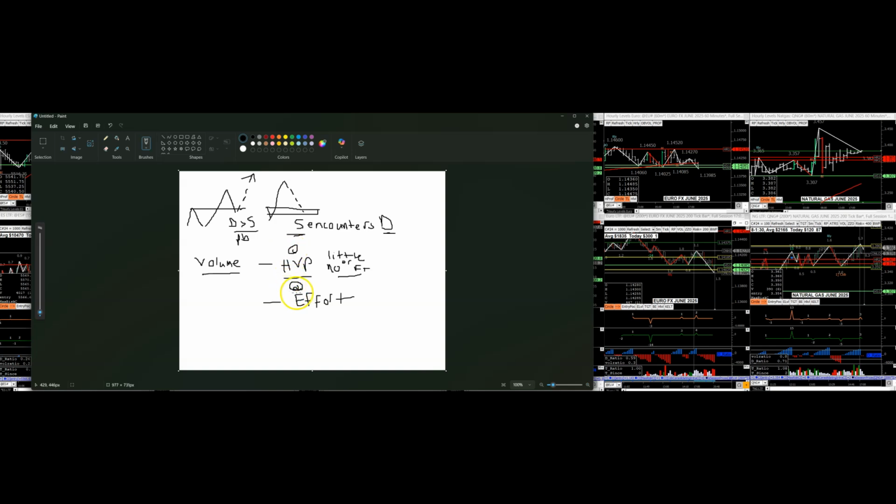Situation 1, situation 2, case 1, case 2. Again, on the pullback, you're looking for high volume prints with little or no follow through, and then another thing that may happen is effort: high volume, or increasing volume, but the spread, the range, is not increasing because someone is taking the other side and buying.